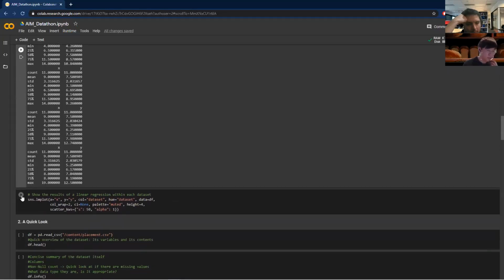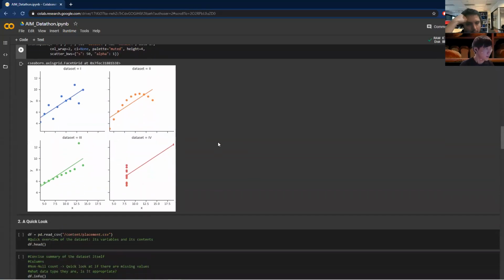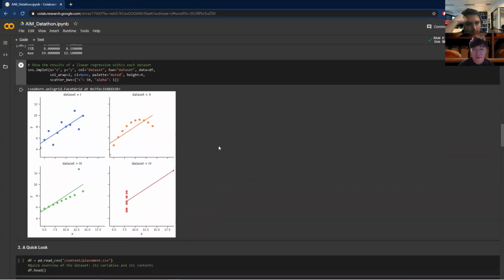But if we then plot these 4 data sets, it's actually really clear that they are very different. Each of these data sets has a completely different spread and distribution of data points.